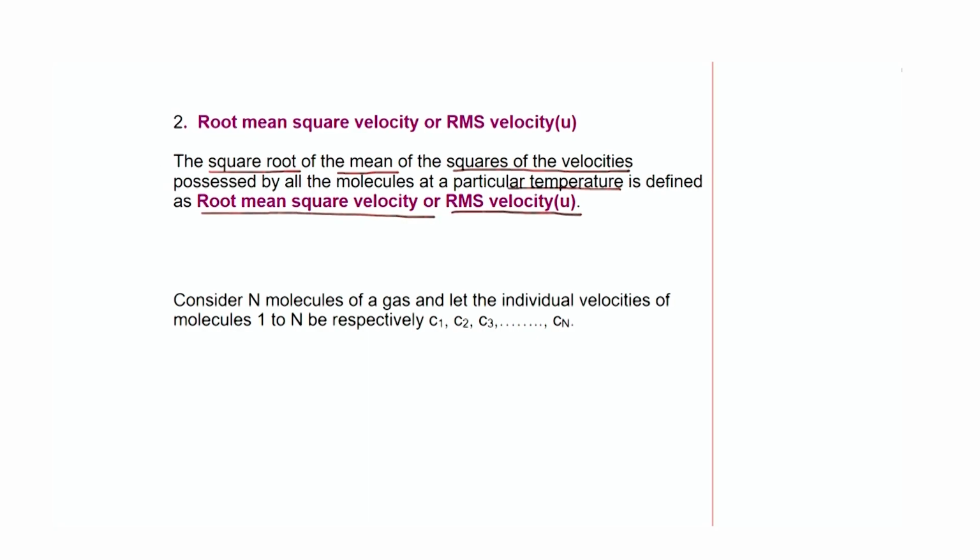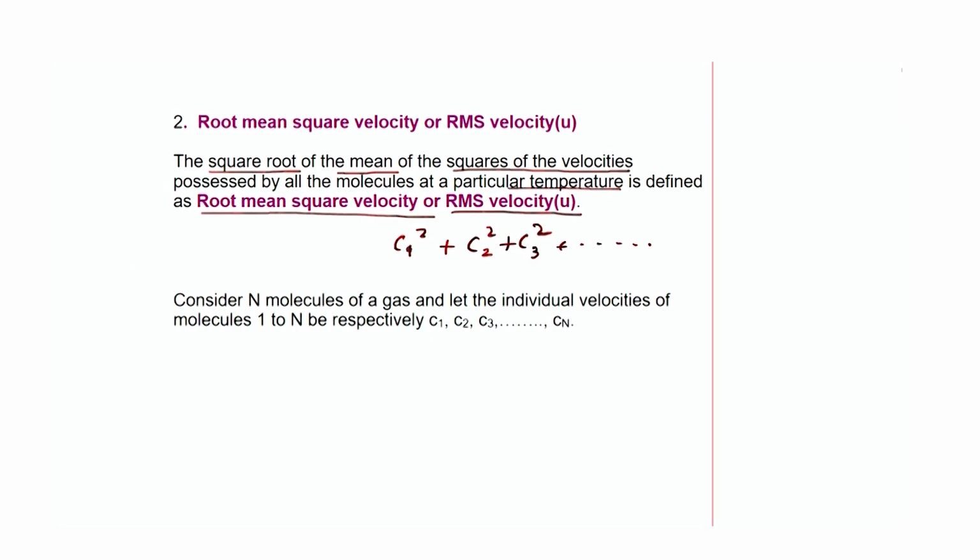So, if you are having a number of different molecules with the velocity C1, C2, etc., and the total number of molecules is capital N, here the C1 square plus C2 square plus C3 square, and so on, this becomes the squares of the velocities.